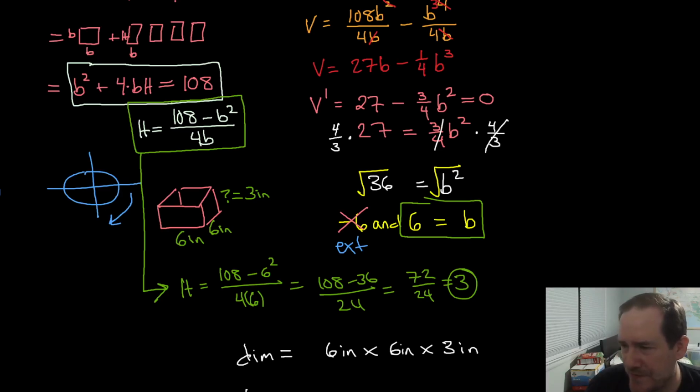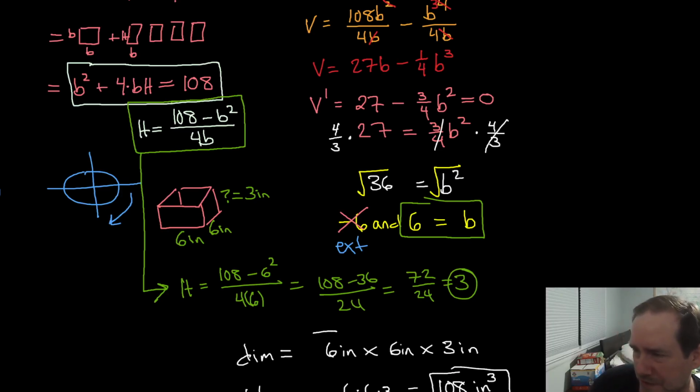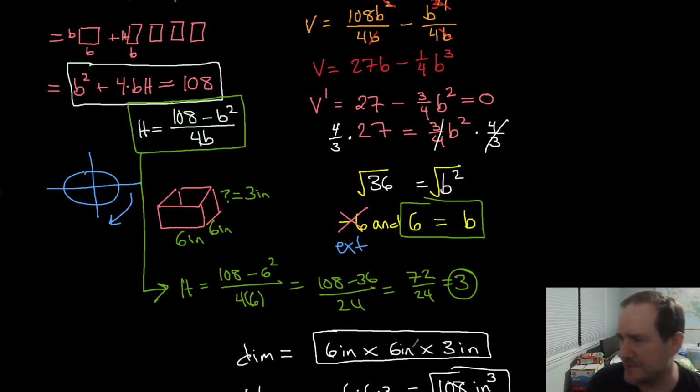And that of course means the volume is 6 times 6 times 3, which is 108, in cubic inches. So don't forget to keep your units straight. When you're talking about volume, use cubic units. When you're talking about the sides of the box, talk about plain old inches.